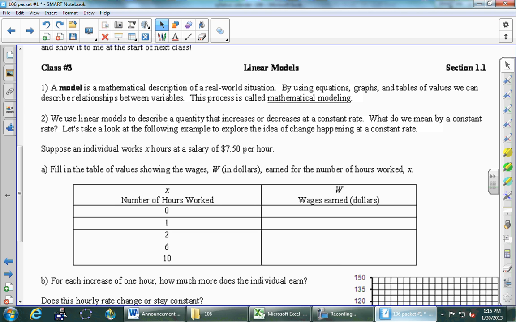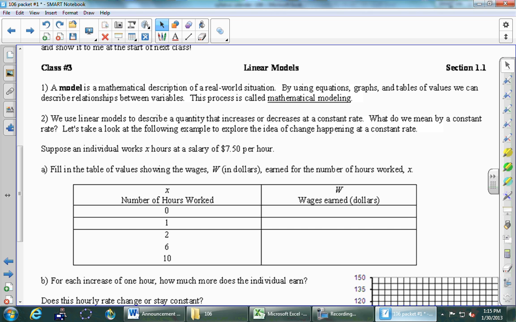Hole punch. Okay, thank you. All right, so we have this setup.